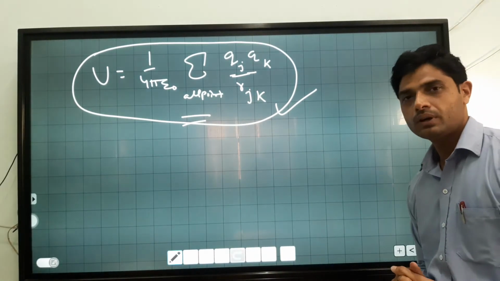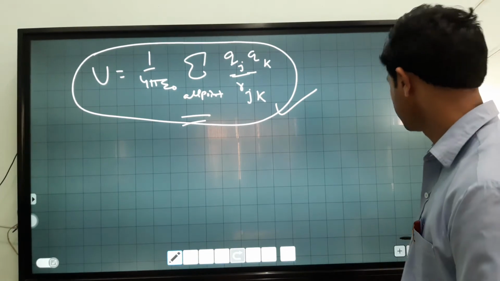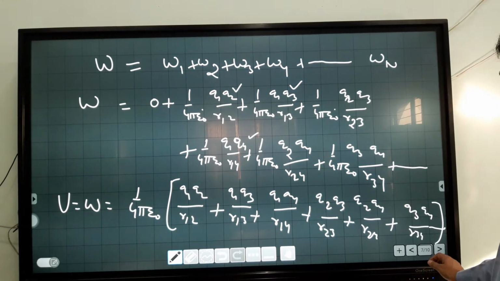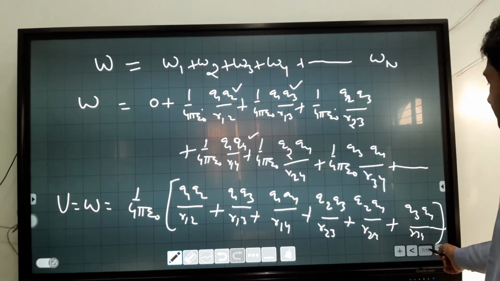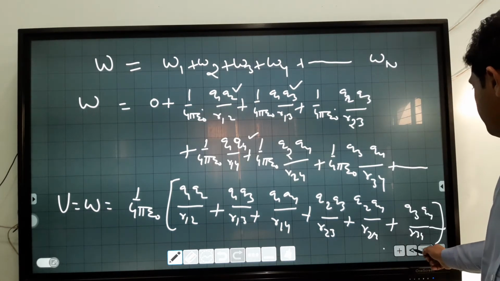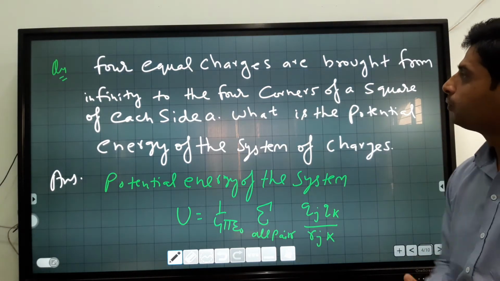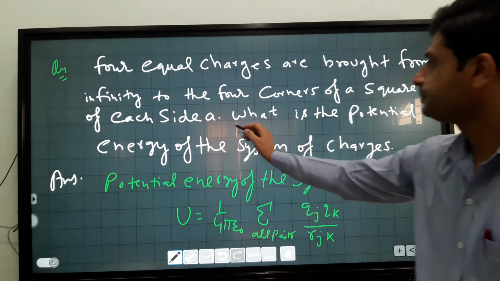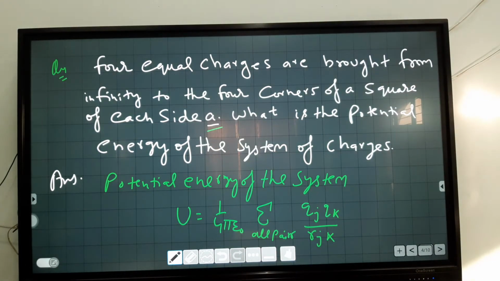Now we have to try a numerical based on this formula. The numerical is that 4 equal charges are brought from infinity to the four corners of a square of each side A. What is the potential energy of the system of charges?